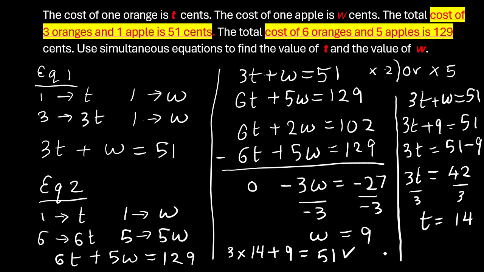So we are right. We try in the second equation. So 6 times 14 plus 5 times 9 is going to be equal to 129. So we have now confirmed that our answers are correct.